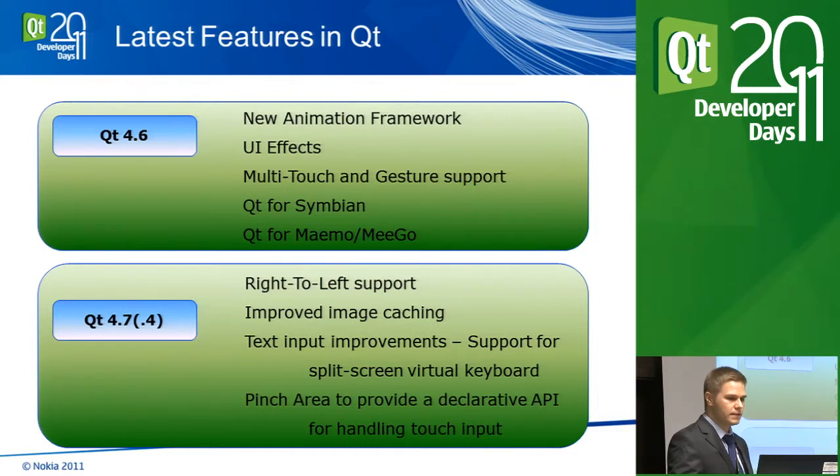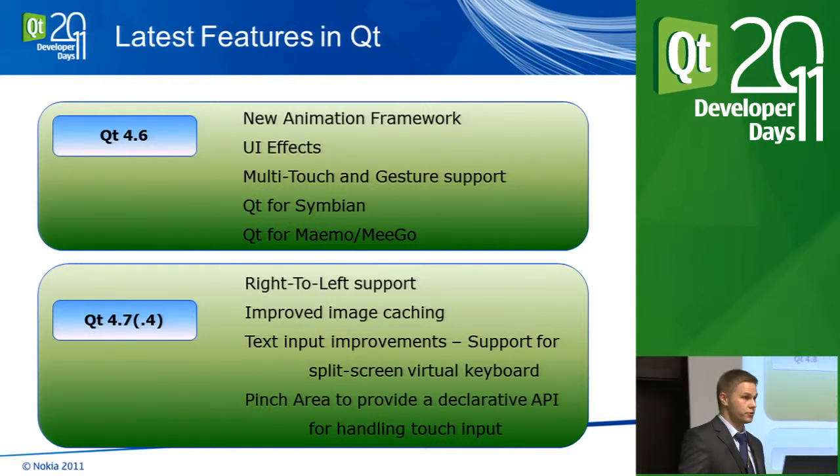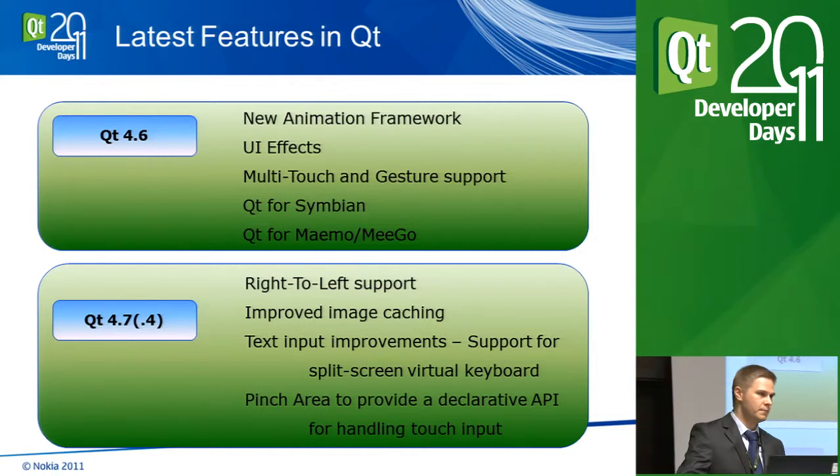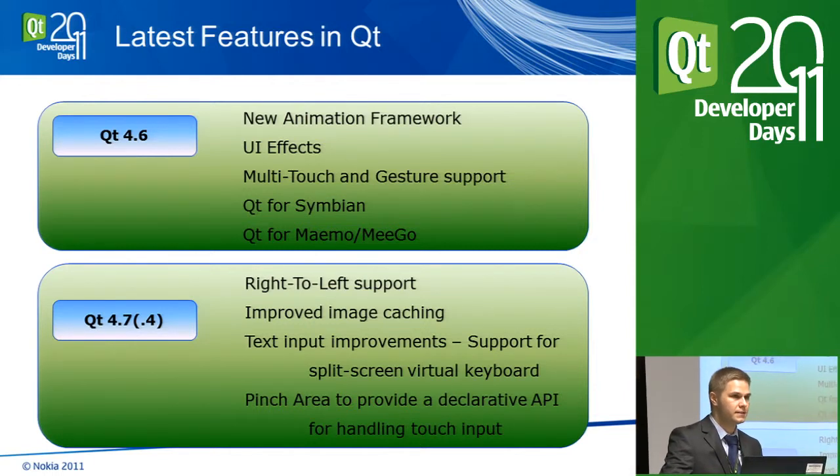Now, something I'd like to mention at this point already is that in the demo part, we are going to be using Qt 4.7.4. So if you want to try the code yourselves on your devices and you have your devices with you today, you may need to upgrade the Qt version in those. Officially, 4.7.4 is not available for Symbian Anna devices yet.